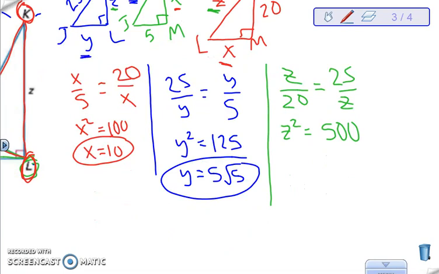If I square root that and simplify it down, Z is 10 square root 5, because 100 times 5 gives me 500, and the square root of 100 is 10.